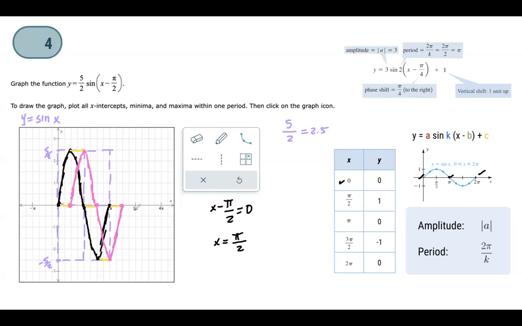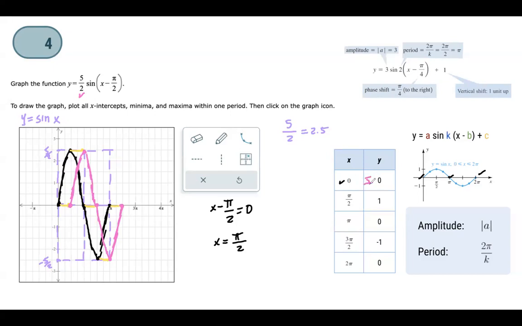Now, some of you like to do it directly on the coordinates. So if you want to find the actual coordinates first, you're going to go like this. The A multiplies the entire sine. So you're going to multiply entirely the y value, the output.